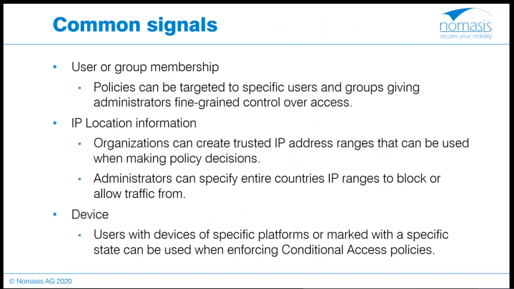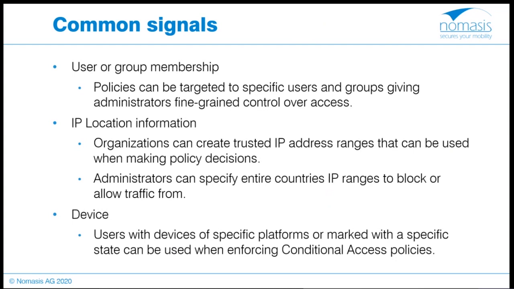As I told you, I described the most common signals. The user or the group of users are those we are used to. We mainly select what kind of AAD groups can access the data that we want, and you can use fine-grained control to choose that. For the location part, you can choose if you want to select IPs or countries directly.